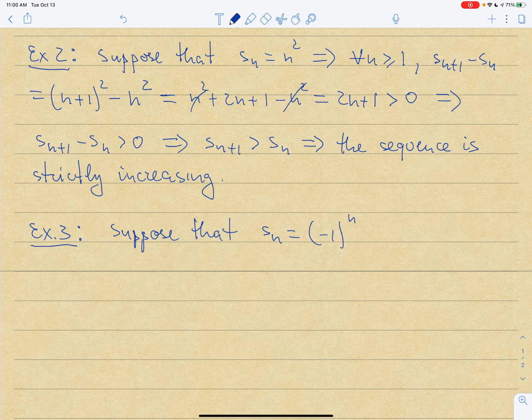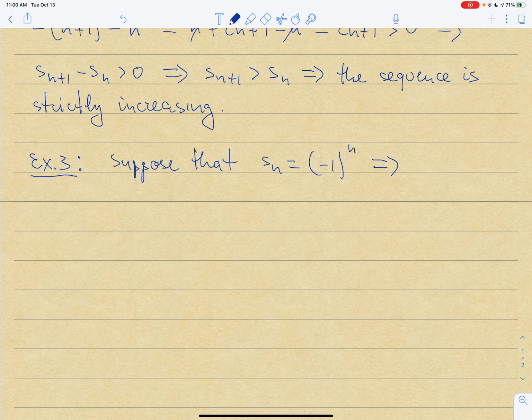In this case, we get a sequence that looks like this: -1, 1, -1, 1, etc. S2 is bigger than S1, S3 is smaller than S2, so we keep going up and down in this case. So this sequence is neither increasing nor decreasing, so we can just say that the sequence is not monotone.